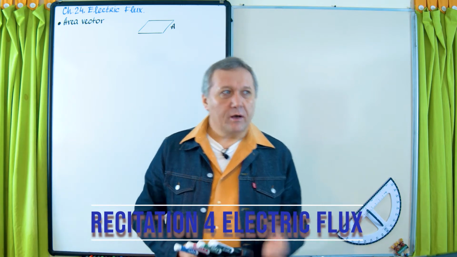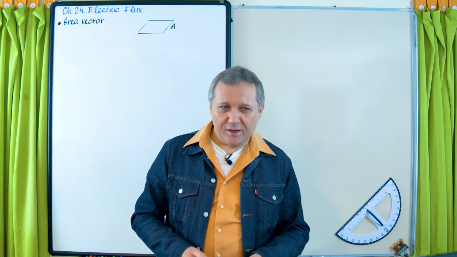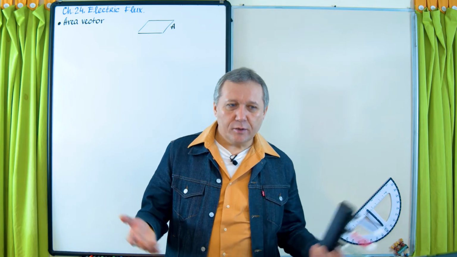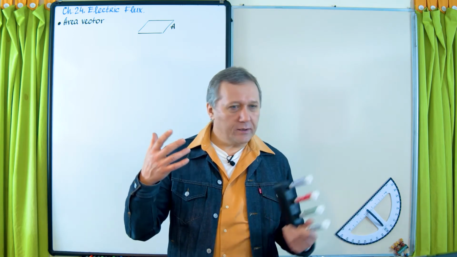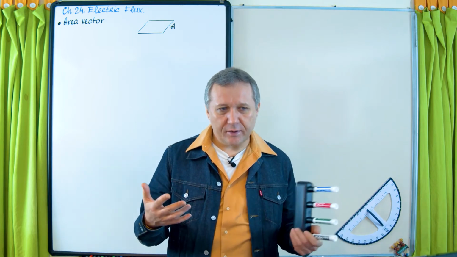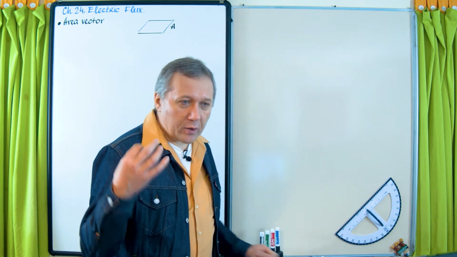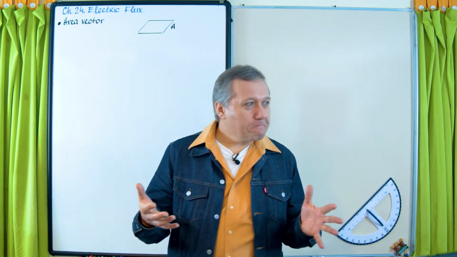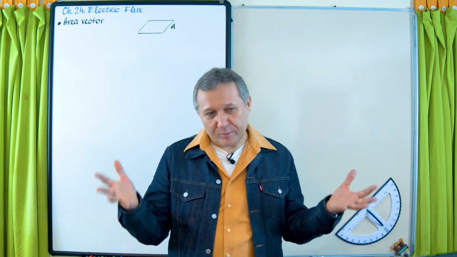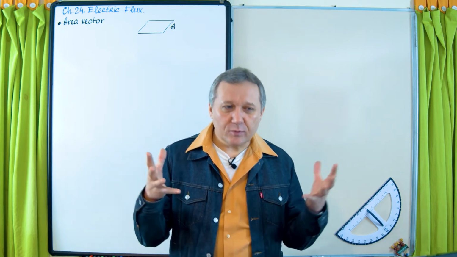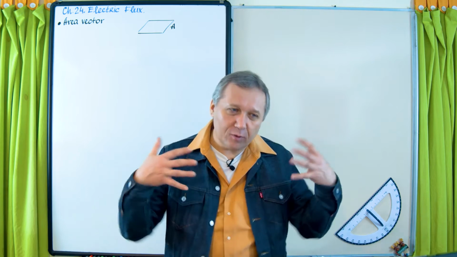It's basically a very artificial mathematical idea. Don't try to find any meaning behind this area vector. It's just a vector which allows us to make expressions, some formulas, look much more compact, much more elegant.